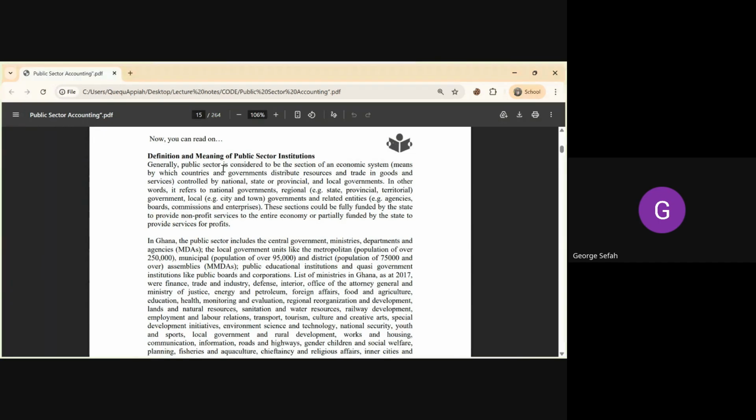Electricity Company of Ghana Limited. Ghana Education Service. All these are public institutions, according to the definition that we've stated. Ghana Health Service, Ghana Tourism Agency, they are all public institutions.